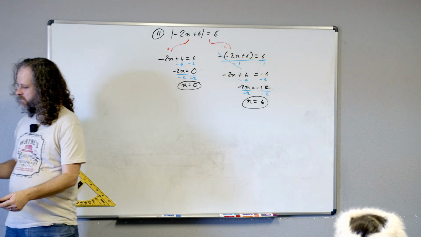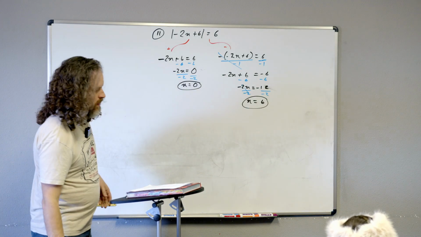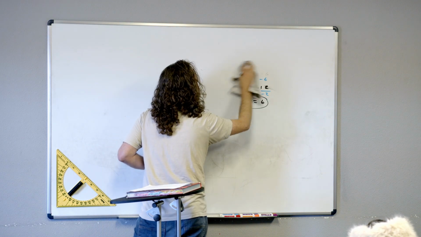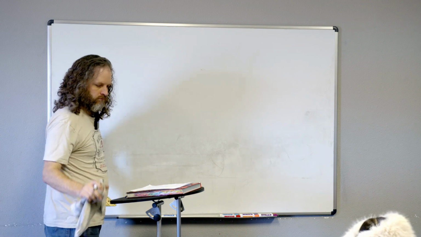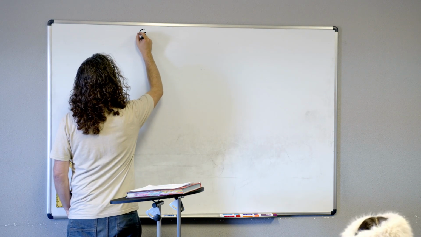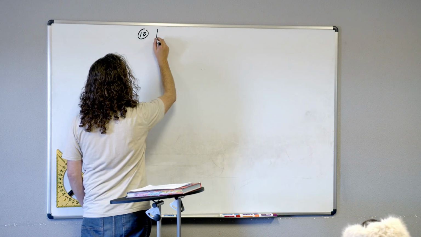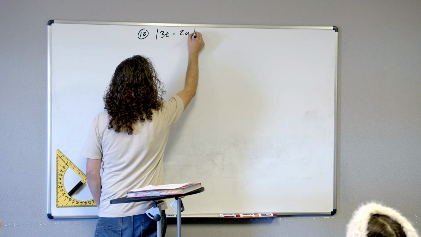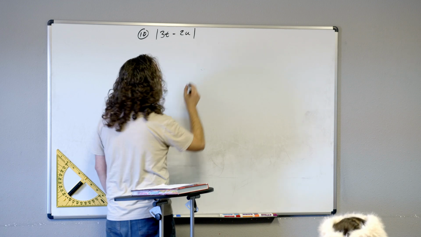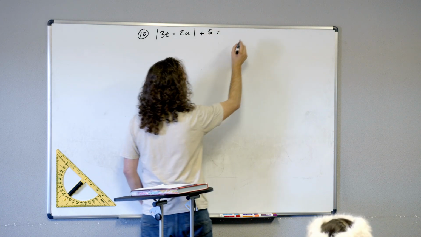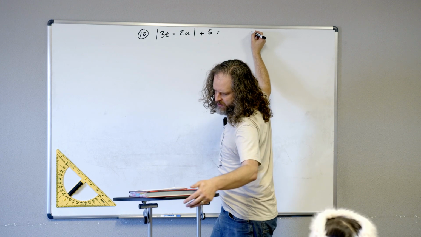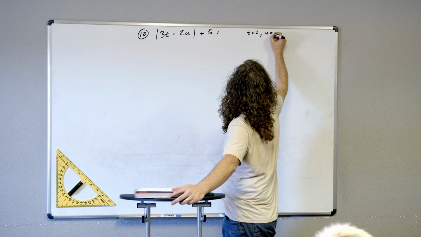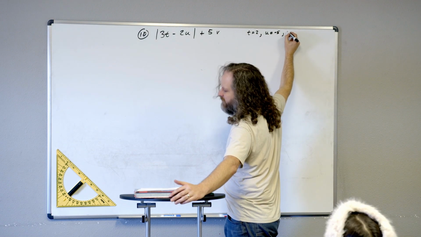Okay, let's look at number 10. I'm going to evaluate the absolute value of 3t minus 2u plus 5v when t equals 2 and u equals -5 and v equals -3.